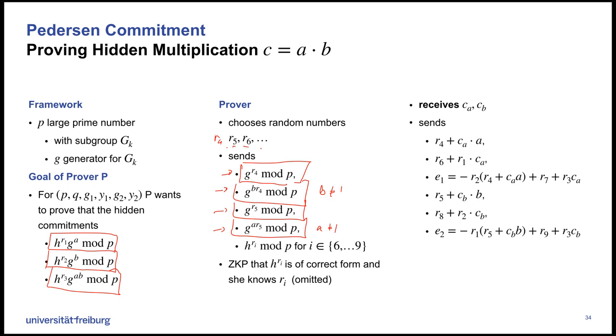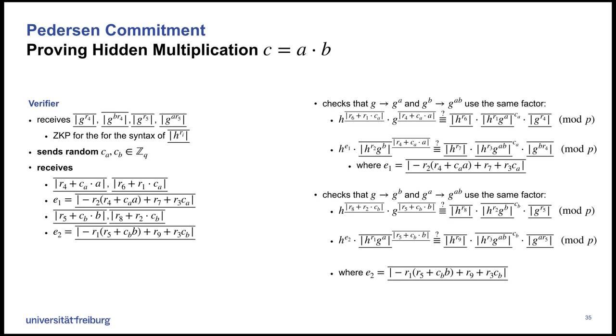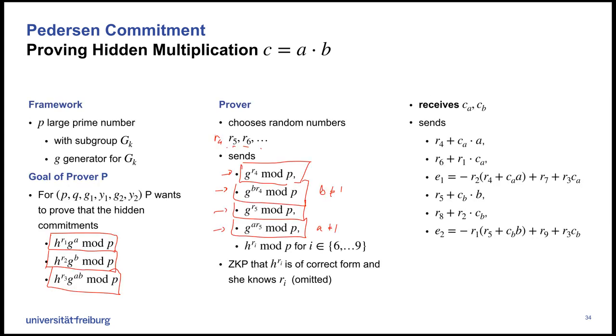Now, okay, I have to repair this slide, because what I have to do is send hidden commitments here as well, because b and a could be 0, and I have to deal with this case later on. Okay, so that's a bummer.